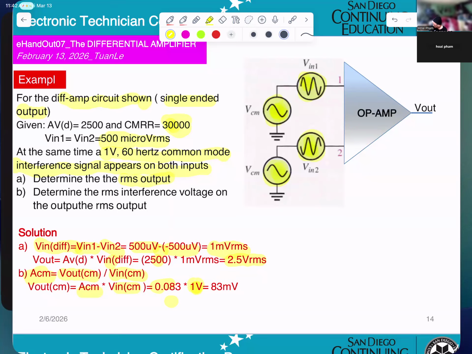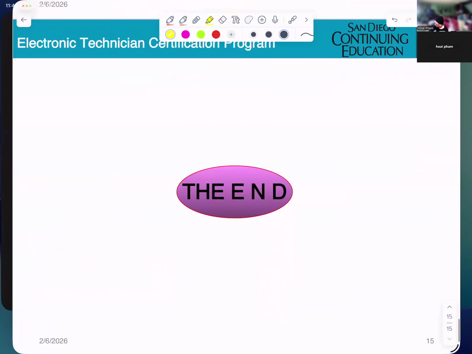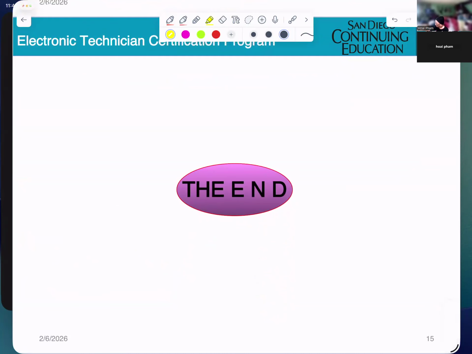V in CM is 1 volt, so they gave you 83 millivolt. So basically, this is very simple about the differential amplifier.